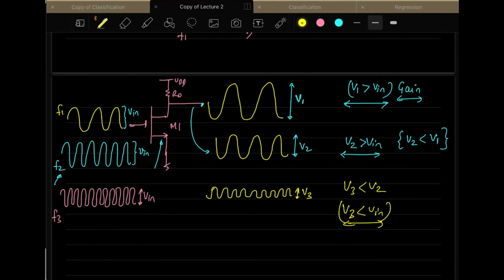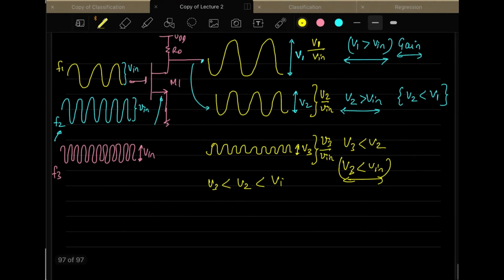If you calculate the gain in the first case, it is V1 by V in. In the second case, the gain is V2 by V in. In the third case, the gain is V3 by V in. Now you can see that V3 is less than V2, which is less than V1.